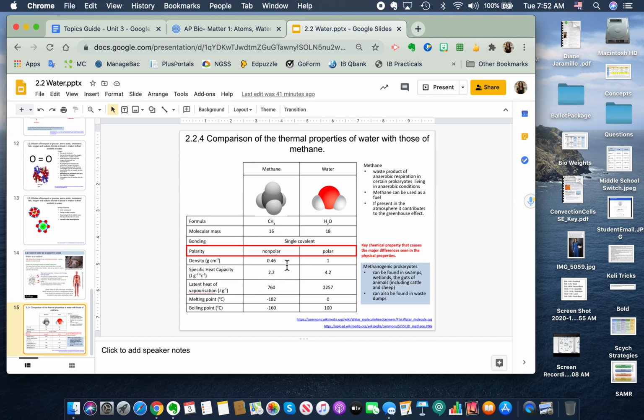So when you look at its ability to interact with changes of temperatures, you can see that being nonpolar is going to impact its ability, where water, because it's polar, is able to have these thermal properties that methane can't.